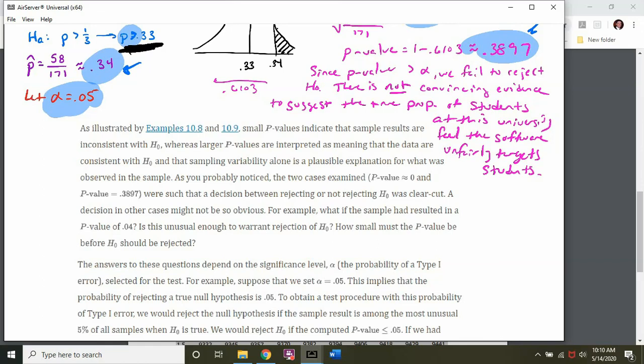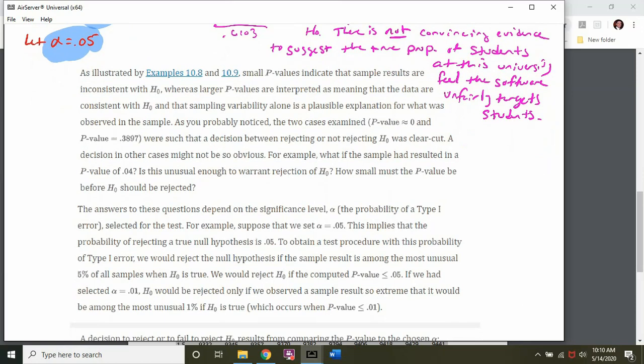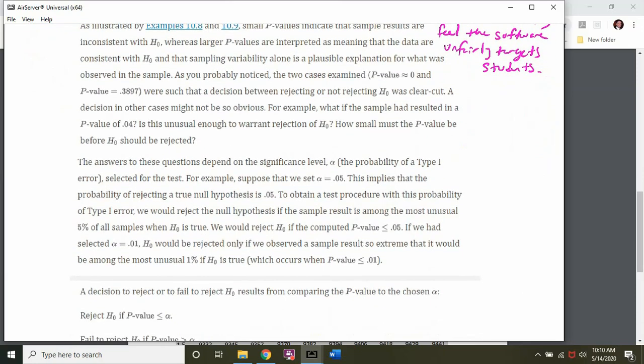For example, what if the sample had resulted in a p-value of 0.04? Is this unusual enough to warrant rejection of H sub 0? That's just a little less than 5% of the time. It could still happen. How small must the p-value be before H0 should be rejected? To answer these questions really depends on the significance level alpha, the probability of a type 1 error selected for the test. For example, suppose that we set alpha to 5%.